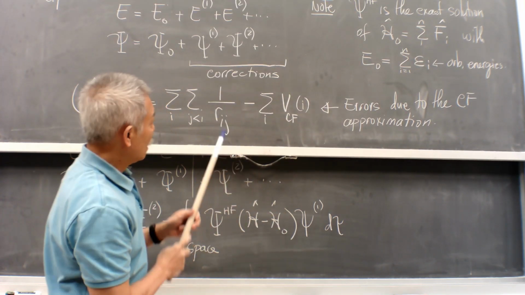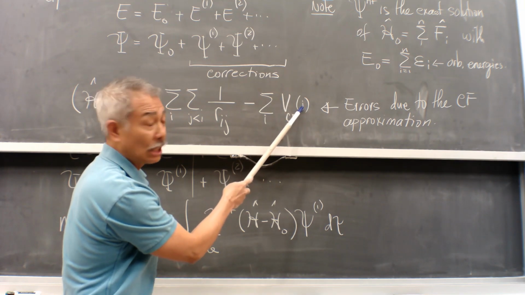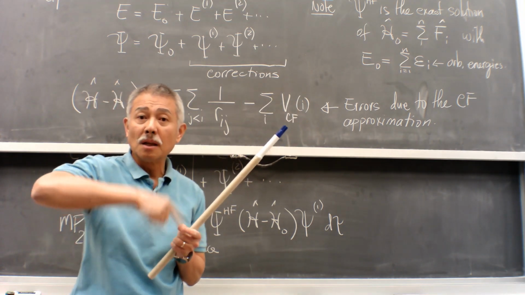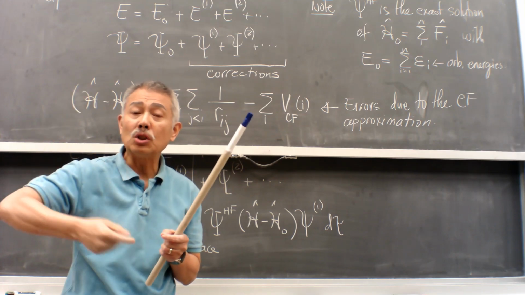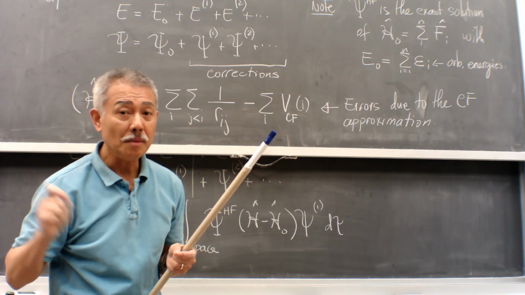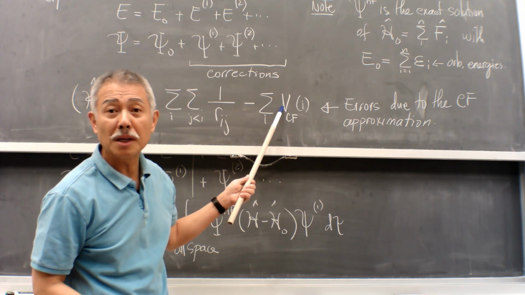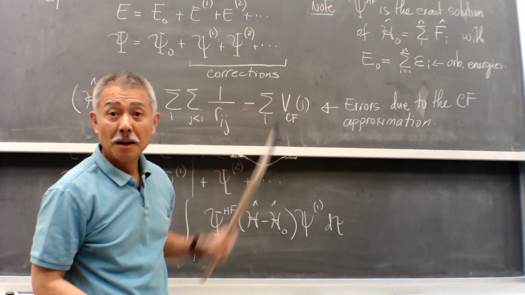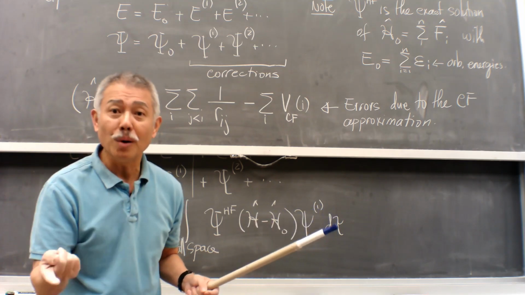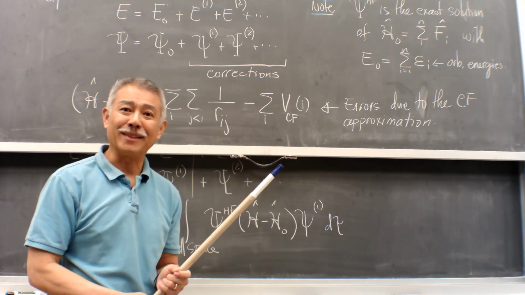So let's see. The central field approximation has the potential of electron I, and electron I experiences the potential of all other electrons, let's say electron J. Now, when I come to the central field potential of electron J, it also includes the potential of electron I. That's double counting.